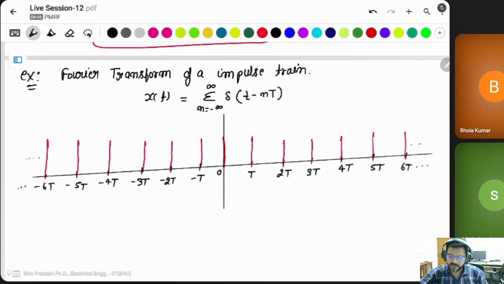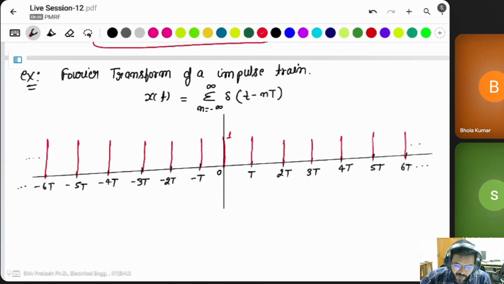This is the unit impulse train, which can be written as the summation of n equals minus infinity to plus infinity of delta of t minus nT, where capital T is the time period. This signal is repeated after T time period. That's why this function looks like that.